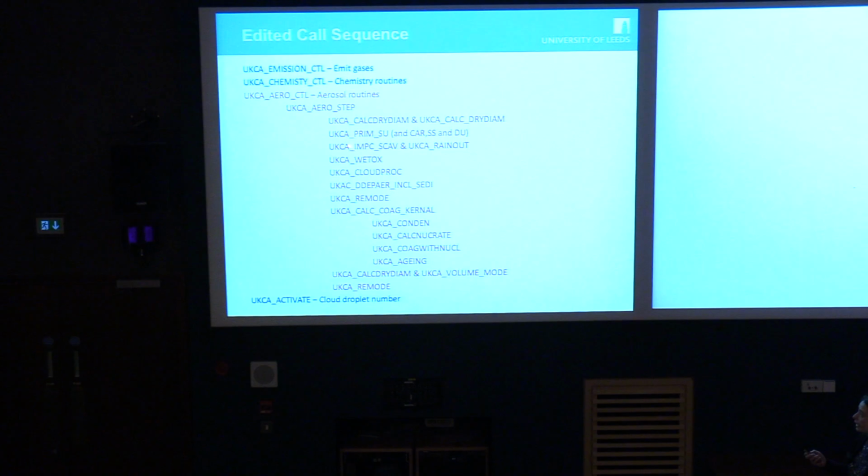And then hopefully you can recognize some of the names from the processes I just described, like impaction scavenging here, rain out, and dry deposition, including sedimentation. These are all documented within the Unified Model documentation paper. But it's just to give an idea of the call sequence that occurs when GLOMAP-mode is run.